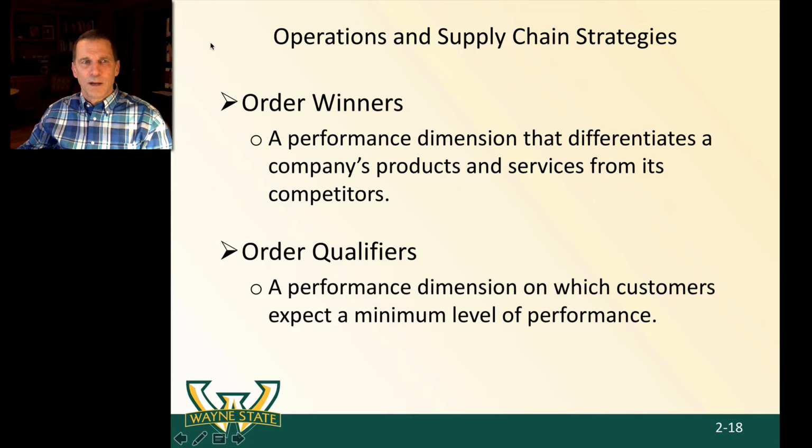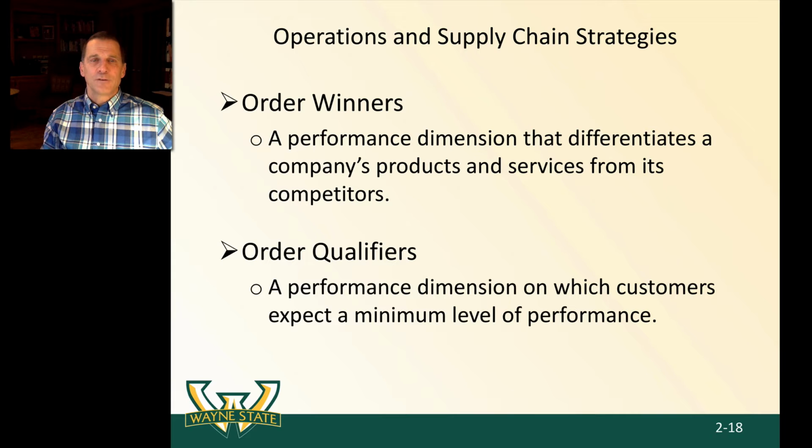Let's talk about the concept of order winners and order qualifiers. An order winner is a performance dimension that differentiates a company's product or services from its competitors, that basically pulls people in to buy the product.